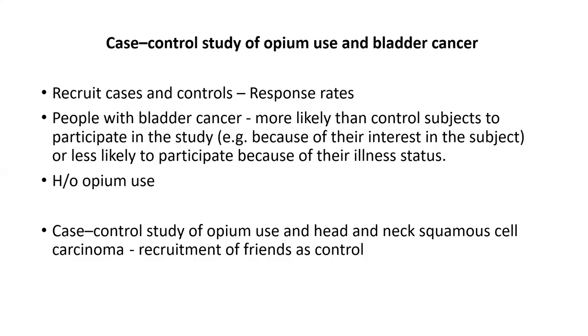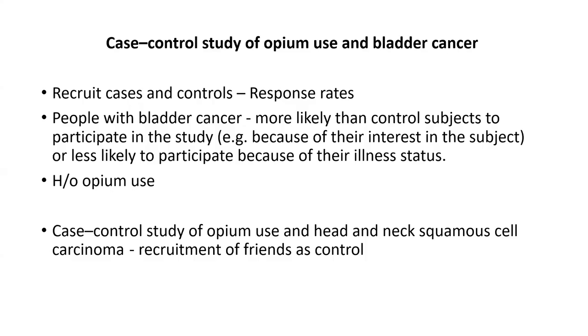Because that is one question you will ask in a case control study: are all eligible cases included in your sample? But some of the people may not be ready to participate because they are having severe illness. So you may not have a true representation.